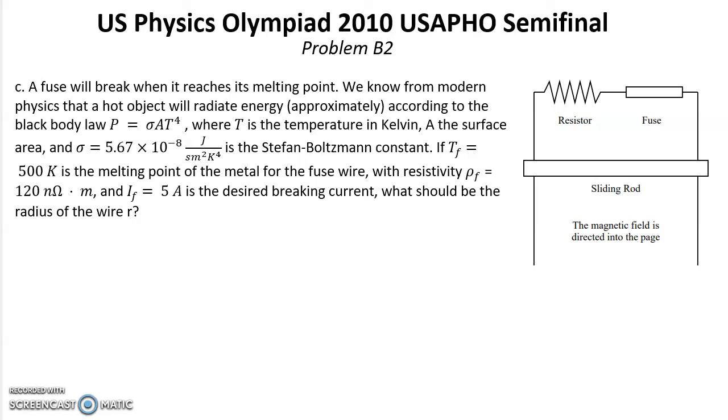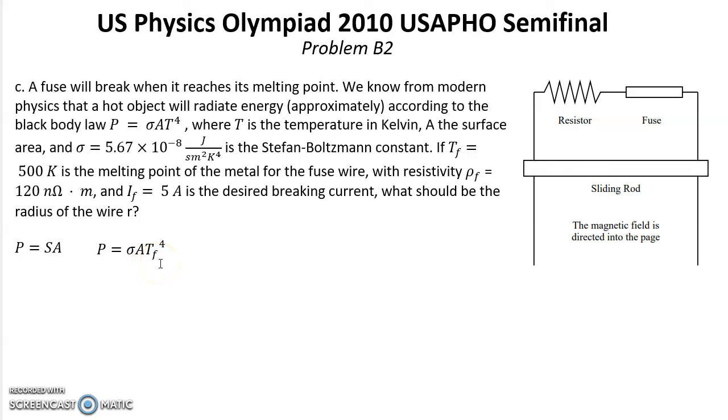Solution. From one point we can count the total power which is absorbed by this fuse from the Poynting vector. That will be P equal to the Poynting vector multiplied by the side area of this fuse. From the other point we can count the power emitted by this fuse as black body radiation. That will be this expression.